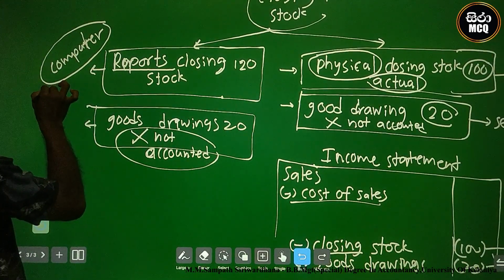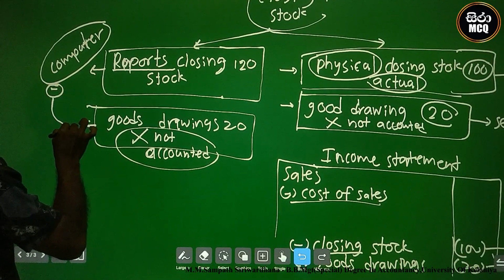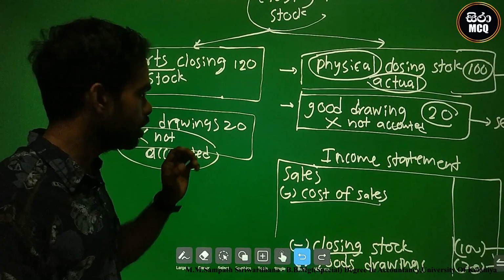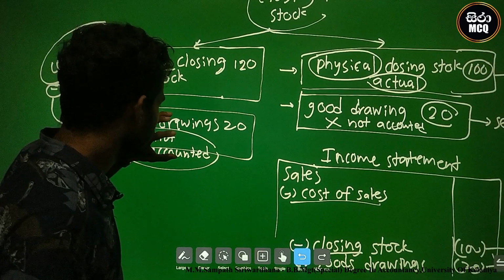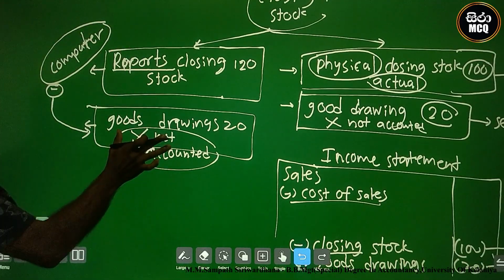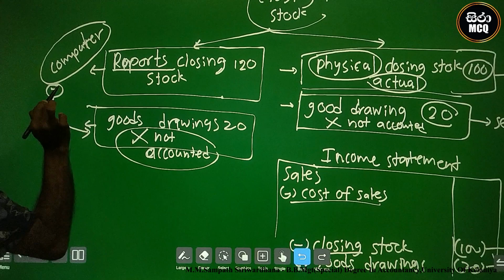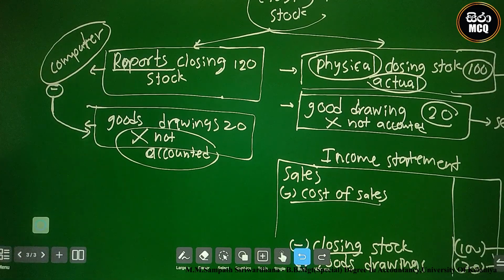There is no deduction in the computer for the goods drawings. These goods drawings are not deducted from the closing stock.